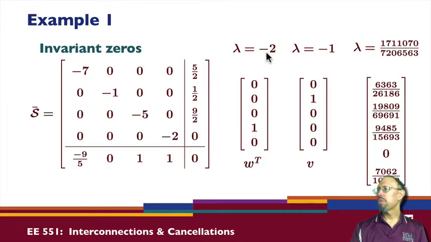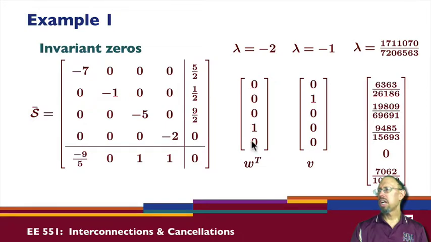we can show that for lambda is equal to minus 2. If we look at this vector, this left eigenvector of the system, and it is associated with, I think that should be 0 and 1. Yeah, it should be 0 and 1.